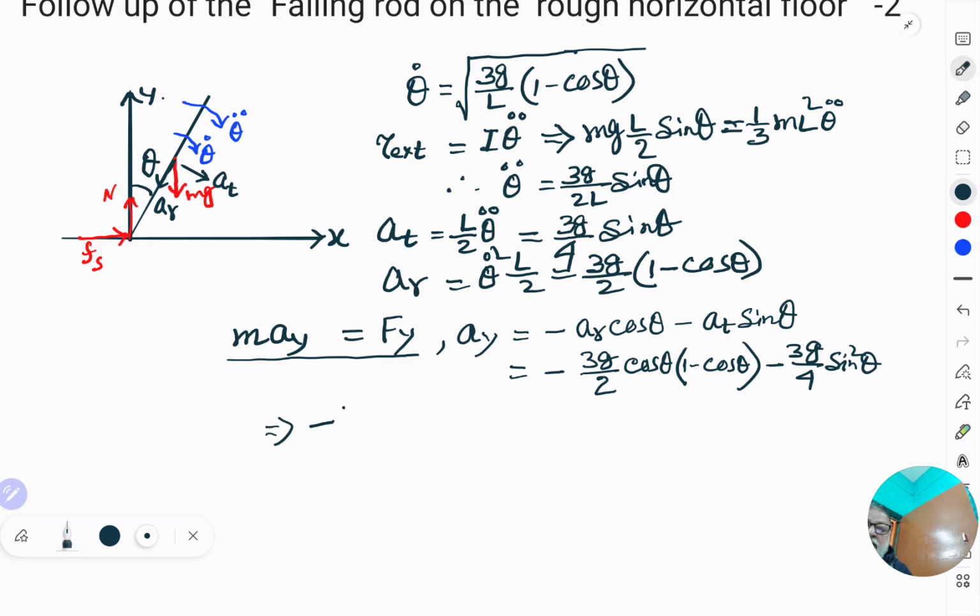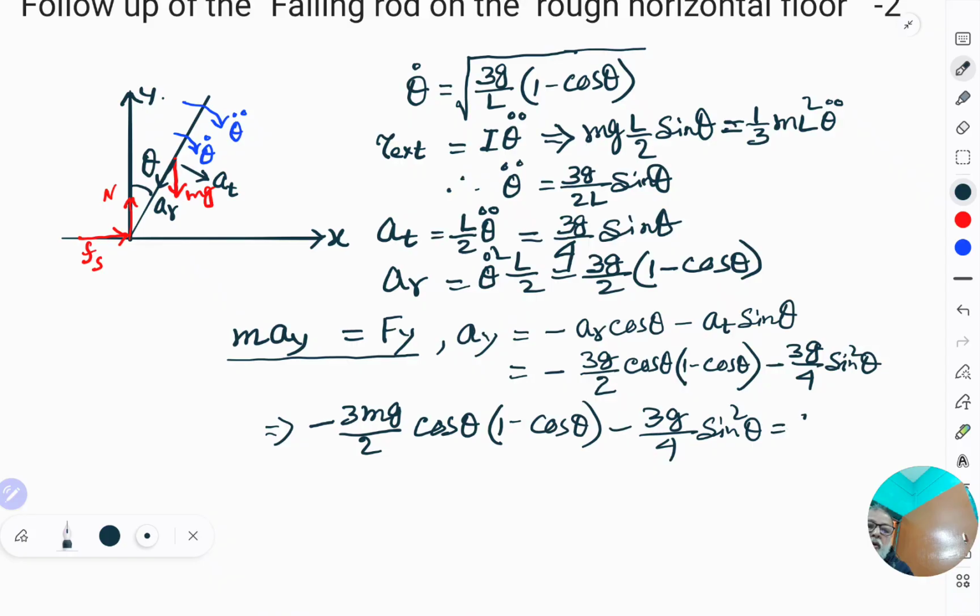m AY, that is minus 3 mg by 2 cos theta into 1 minus cos theta minus 3g by 4 sin square theta is equal to N minus mg.